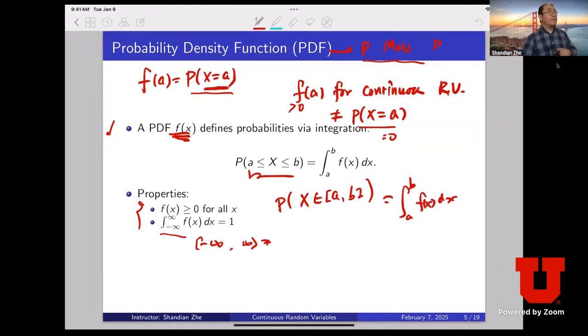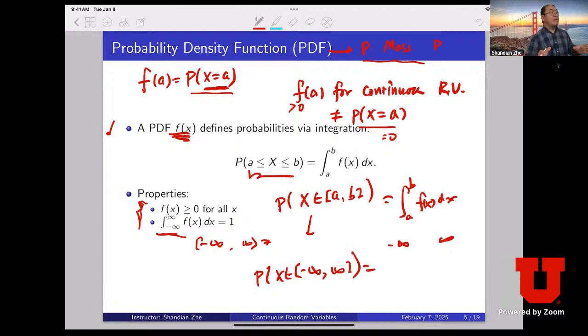That's how the PDF is defined. Okay. Of course, we're going to require additional properties: the probability density function is always non-negative, and if you extend a and b to be minus infinity to positive infinity, then this integration should be 1. This is reasonable because this just means the probability that x belongs to minus infinity to positive infinity.